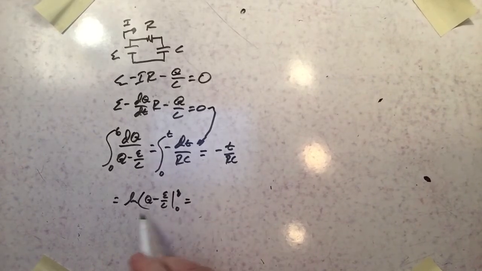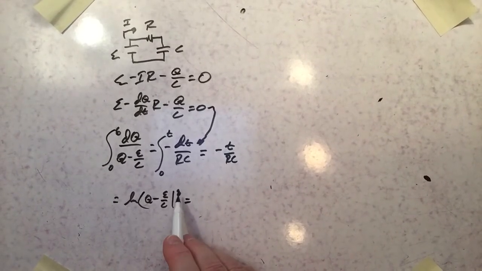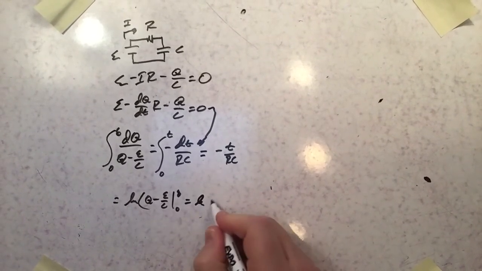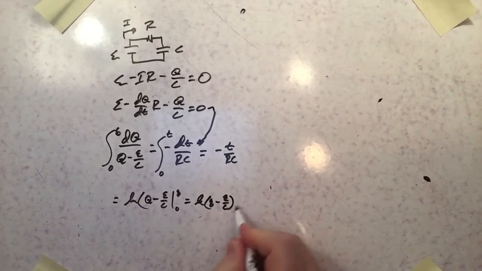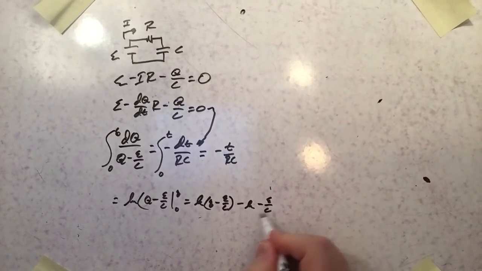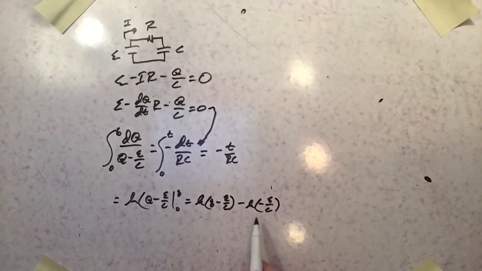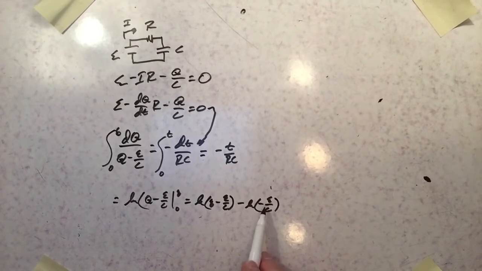Let's just work on this left side for a little bit. We know it's equal to that. Plugging in the top limit, that's going to be the ln of Q minus E over C, and then plugging in the bottom limit minus the ln of negative E over C. And we know the rules for natural logs mean that this is the log of the ratio of this to this.